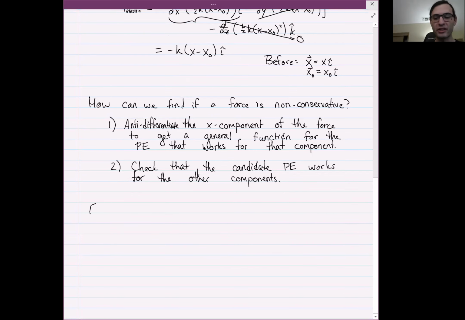So let's just run through an example. Is the force F, which is equal to axy, where a is a constant, in the i hat direction, conservative? Let's just test this method.